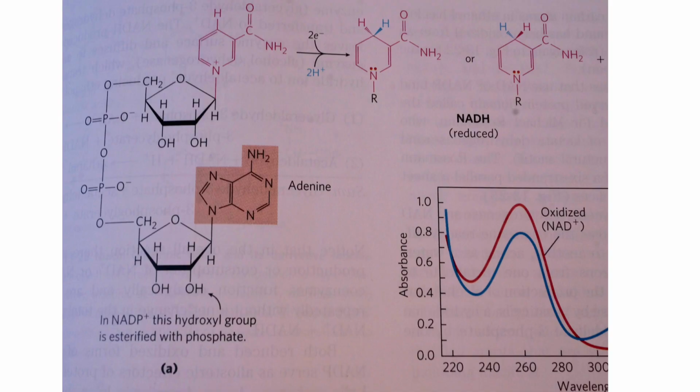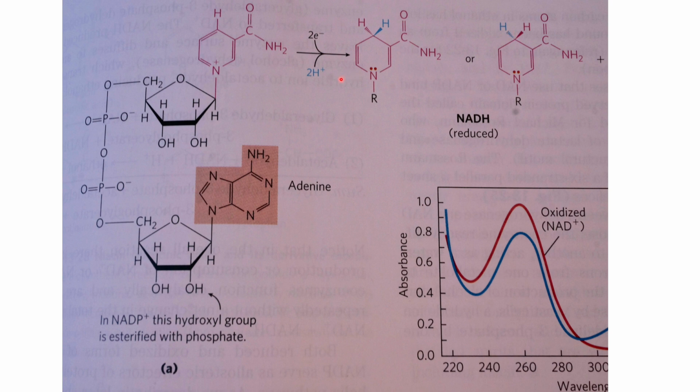So when you look at NAD, this is the structure of it right here. In NADP, this number 2 carbon has a phosphate ester right here. There's adenine. So this is NAD right here. And then you reduce it, and you get NADH. So the protons occur at this point, or the stereoisomer flipped to the back.